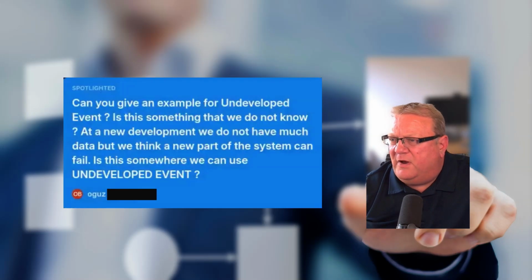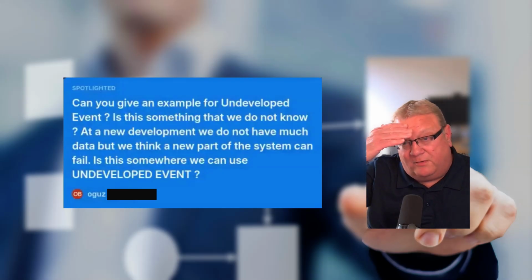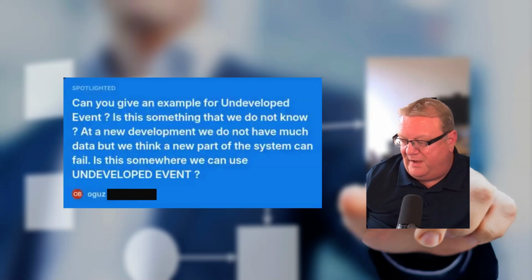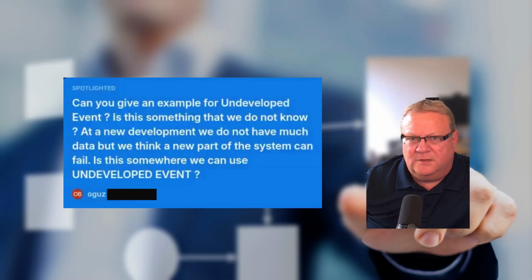But my example of an undeveloped event would be, I think I gave the example of weather being a factor. Let's say you had potential for increase in temperature being caused by a weather system. You can get basic data from the local area that you're dealing with, wherever the plant is located.